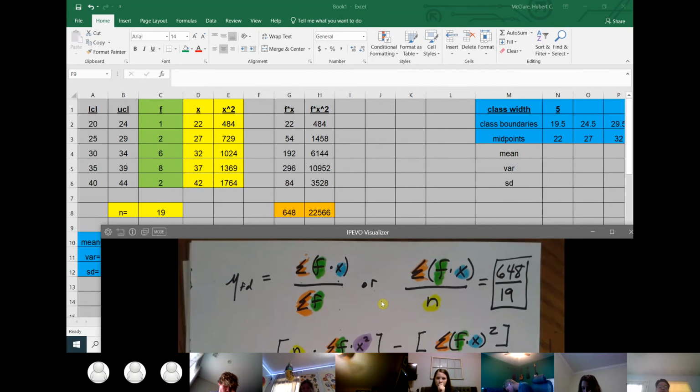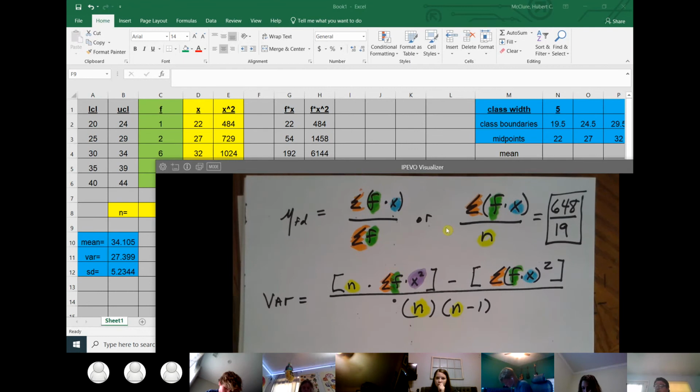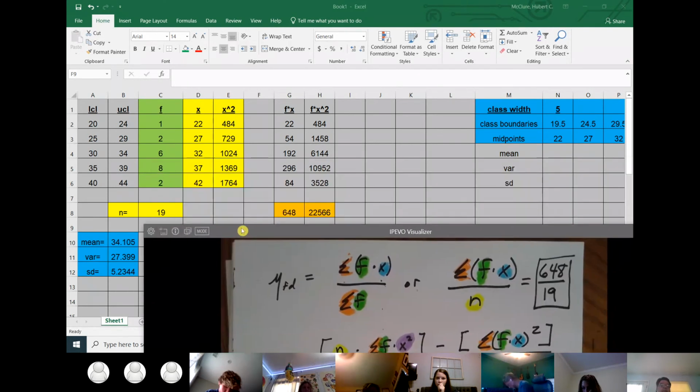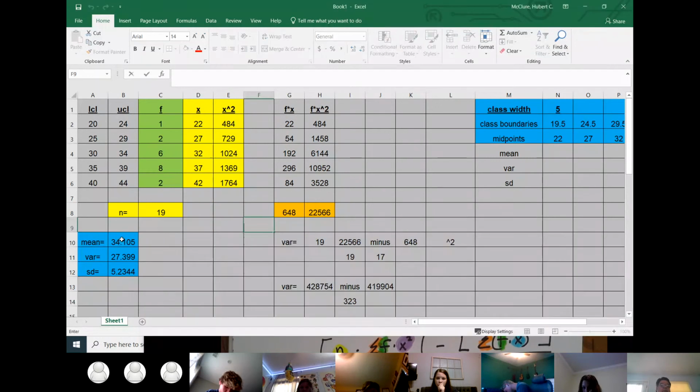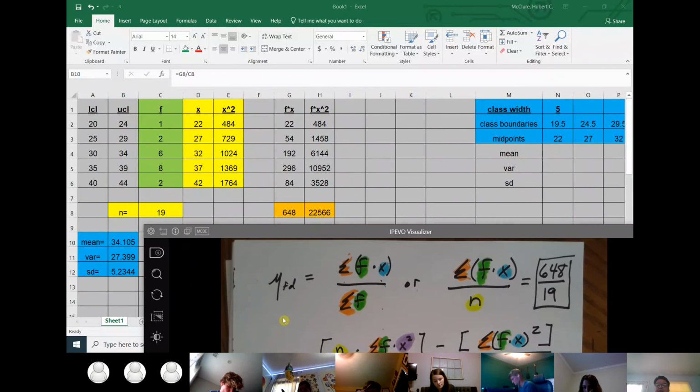So the mean should be 648 divided by 19. Somebody check and see if 648 divided by 19 is not 34.105. Somebody give me a thumbs up. Good job.